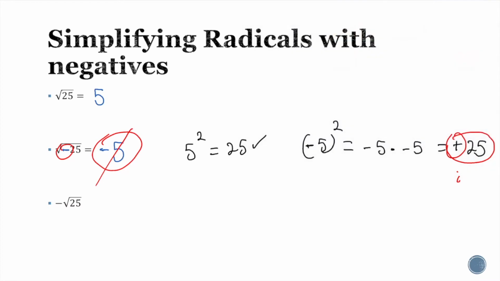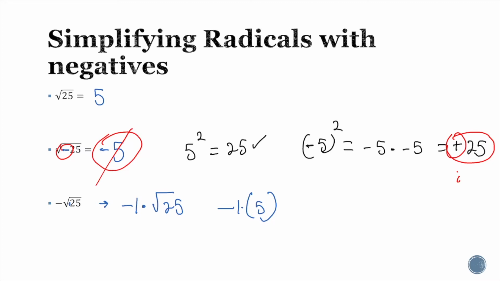If you see here, I have negative the square root of 25. And as you just learned, I can take the square root of a positive number. And the negative is simply negative 1 times the square root of 25. Which now, we know the square root of 25 is 5.